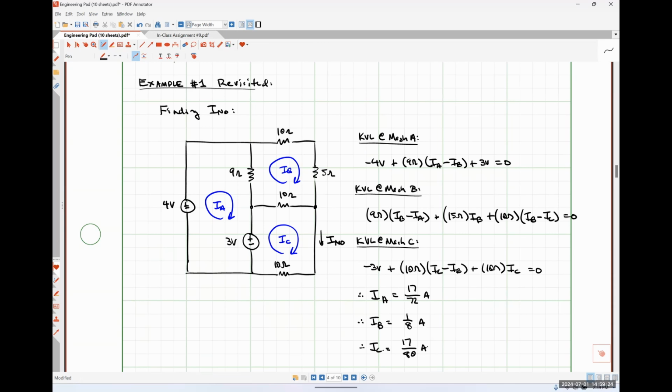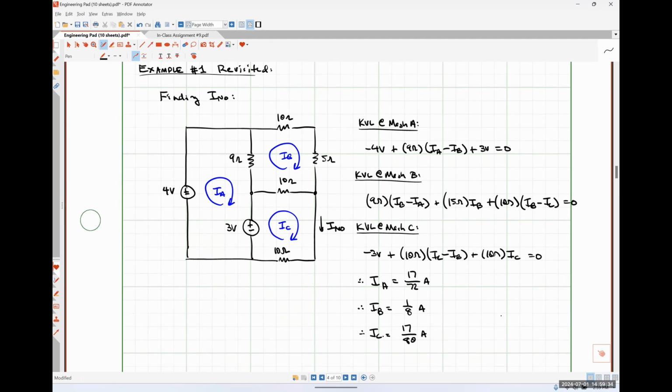Now that I know those 3 mesh currents, how do I find I Norton? I Norton equals IC. Exactly right. So I Norton, I wrote IC is equal to IC, my apologies. I Norton is exactly the same thing as IC, 100% correct.